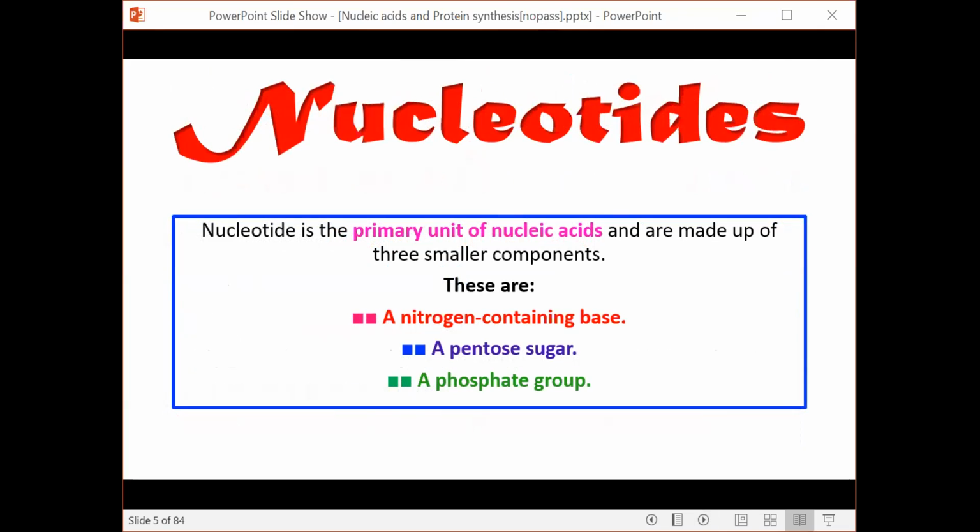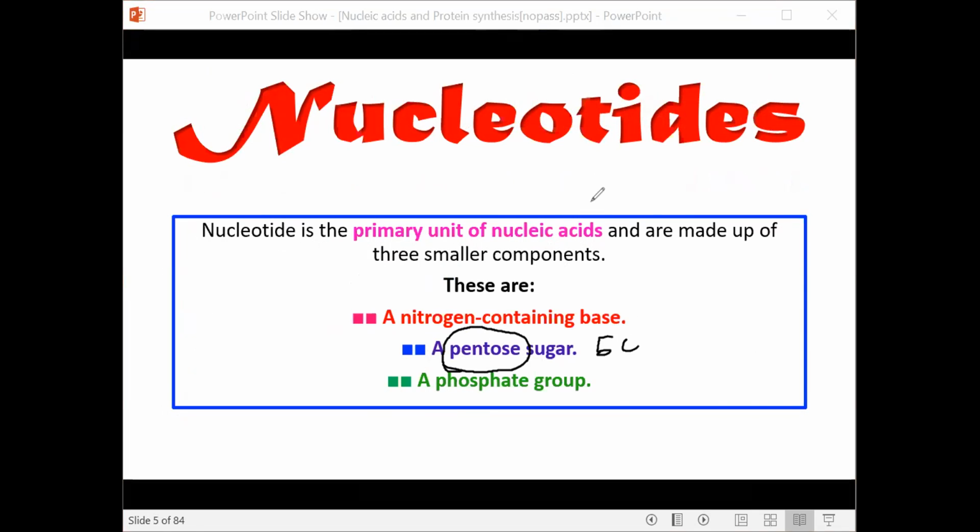In this, three things are there. A nucleotide will have a pentose sugar, a 5-carbon sugar.